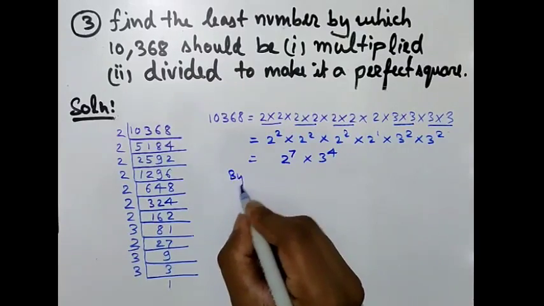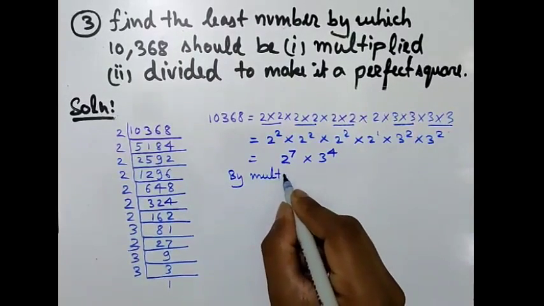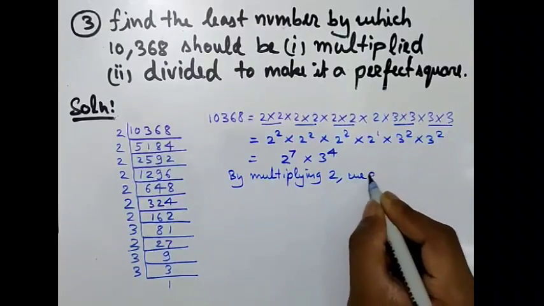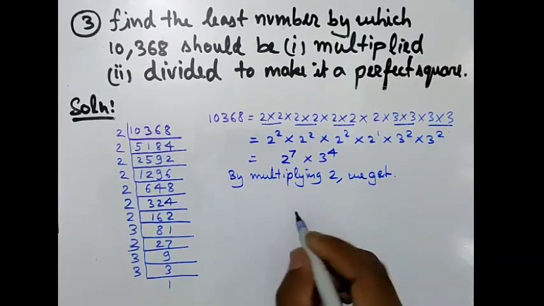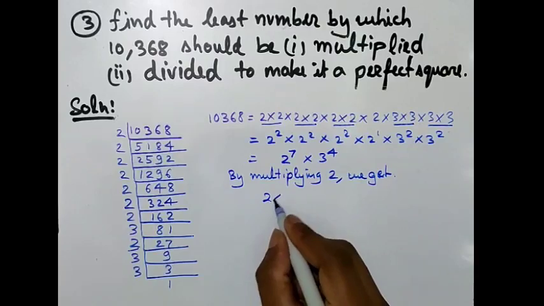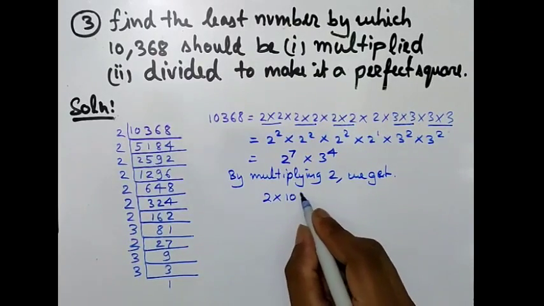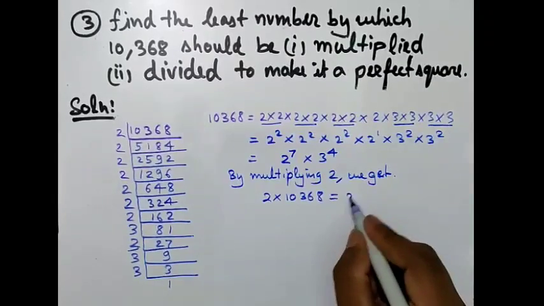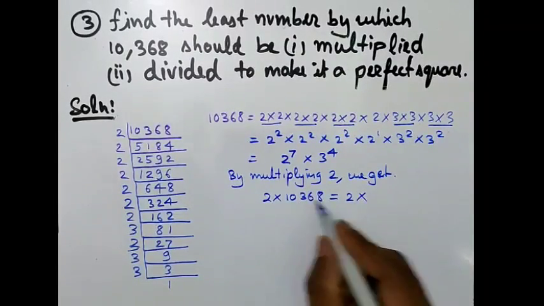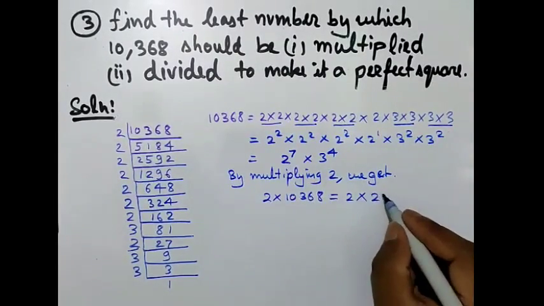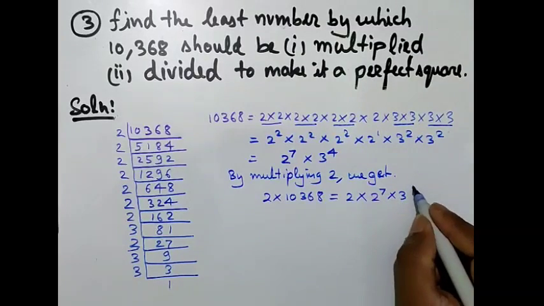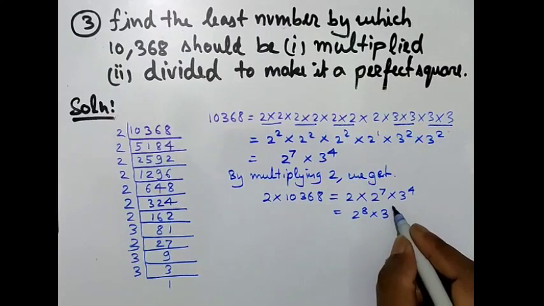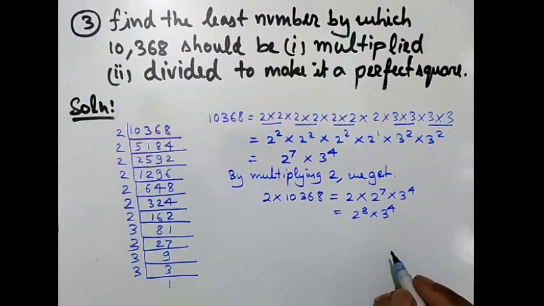So by multiplying 2, we get 2 times 10,368, which is equal to 2 times 2 to the power 7 into 3 to the power 4, and with 2 to the power 8 it will become 2 to the power 8 into 3 to the power 4.